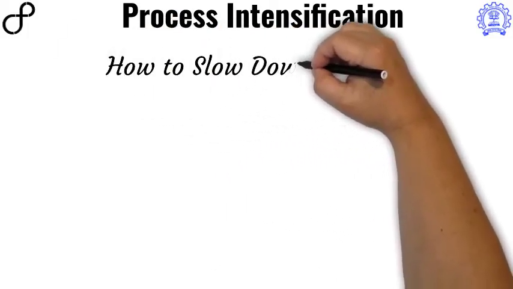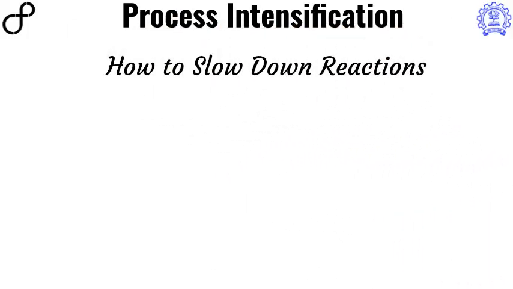At this stage, we have understood what process intensification is, how it is related to the rate of the reaction, and how the rate of the reaction is limited by the heat exchange capabilities of the reactor and utility combination. It is now clear that we need to slow down the reaction significantly in order to remain in the safe zone.